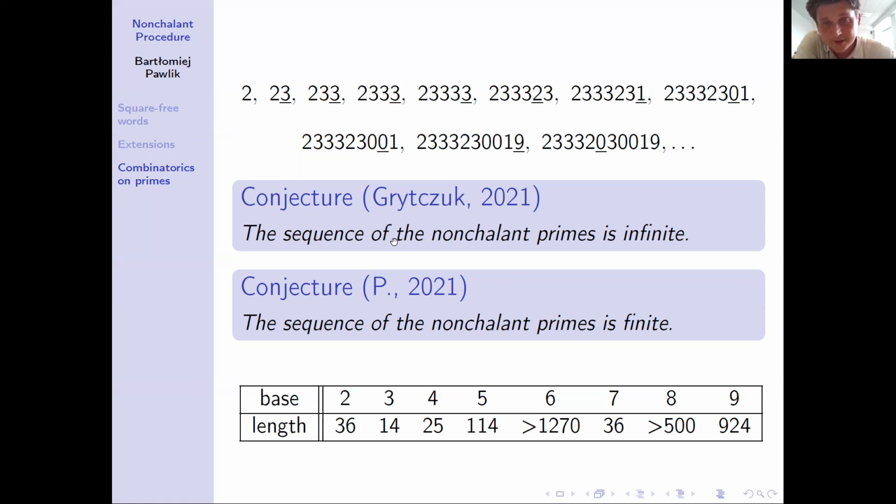So we checked this procedure in the bases 2 to 9, and it stops for 2, 3, 4, 5, 7, and 9. For 6 and 8, it didn't stop for that many iterations.